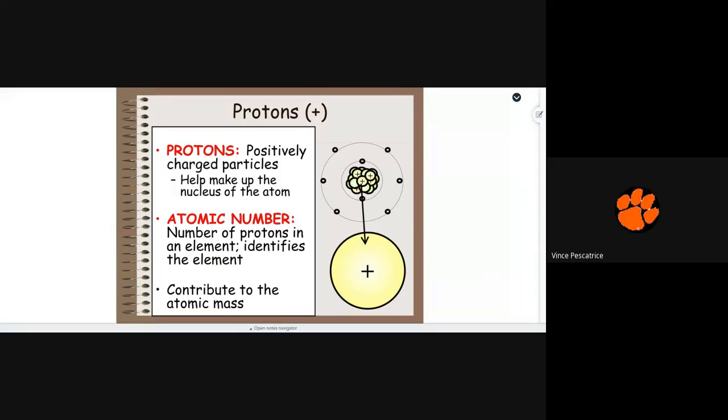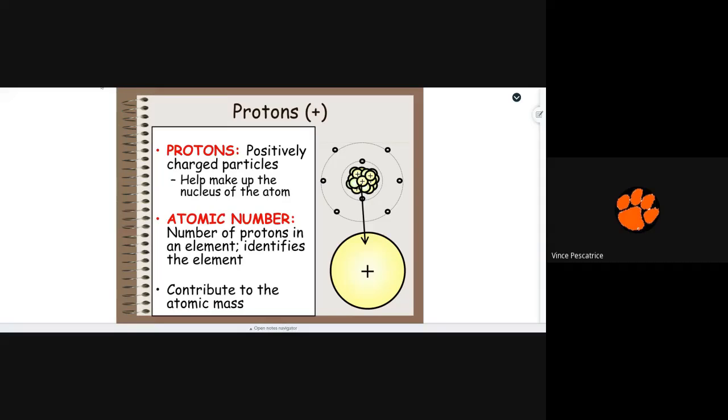Now, protons tell us the atomic number as well, and the atomic number is something that we humans came up with in order to organize these elements. The atomic number identifies the element. The atomic number is the number of protons that are in its nucleus. So the atomic number tells us the number of protons in the nucleus.